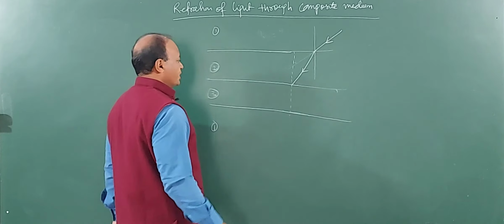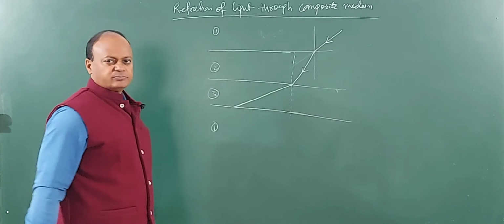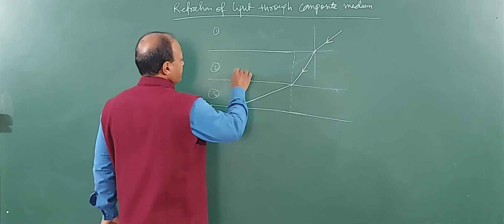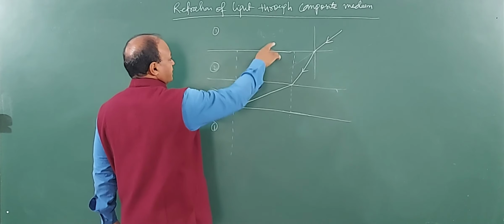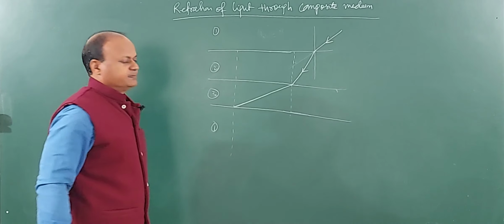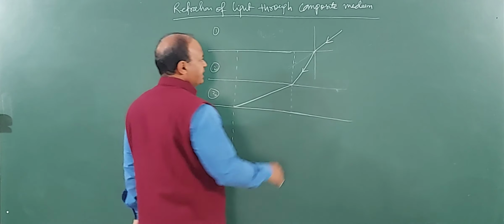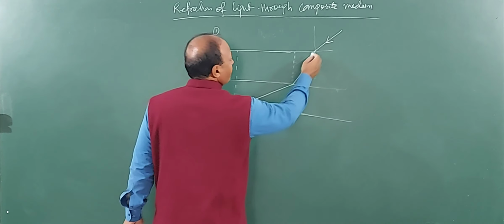Now, if 3 is rarer, then the ray will come something like this. It can be denser or rarer, there is no restriction. Now, see children, it is interesting that medium above and below is the same. If the medium above and below is same, then remember the ray will be emerging into medium 1.